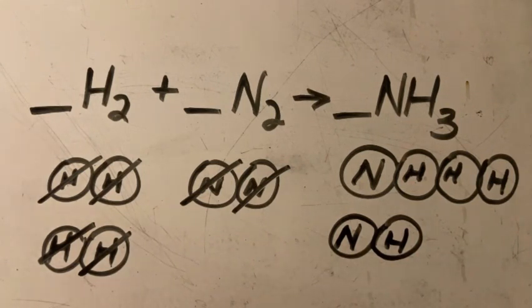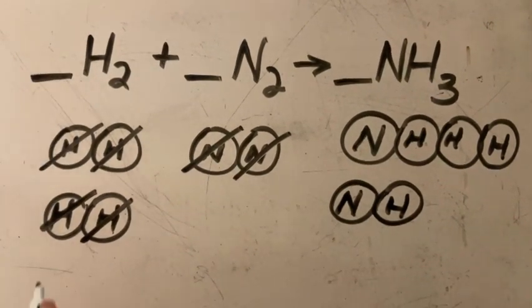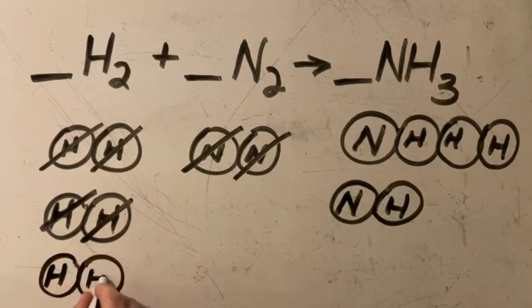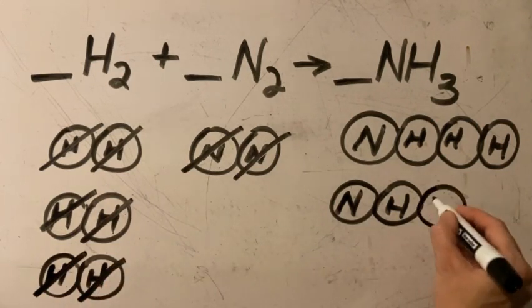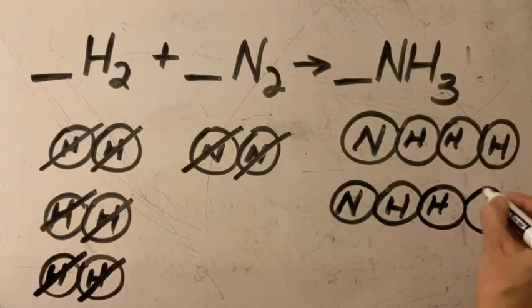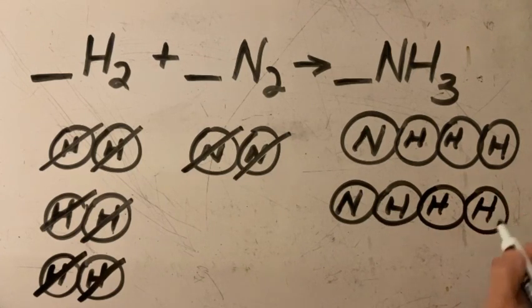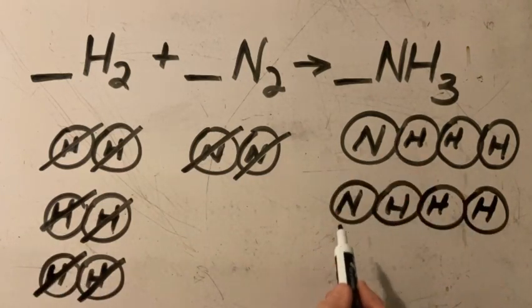We need to build yet another set of hydrogen. These atoms of hydrogen will move over and create more NH3. Notice we used up all of our reactants and we made complete products.